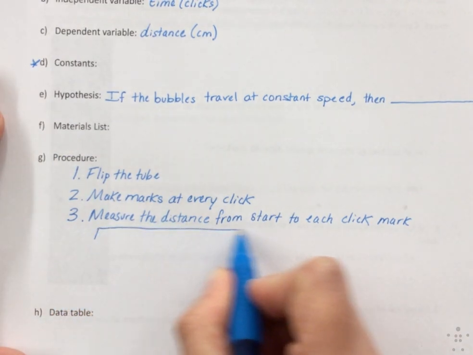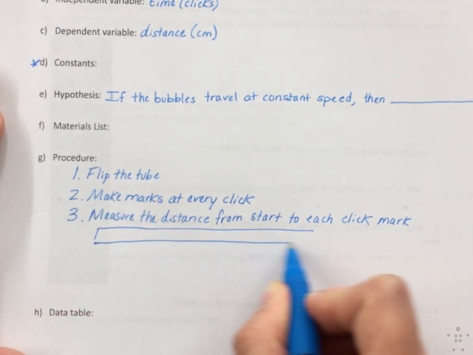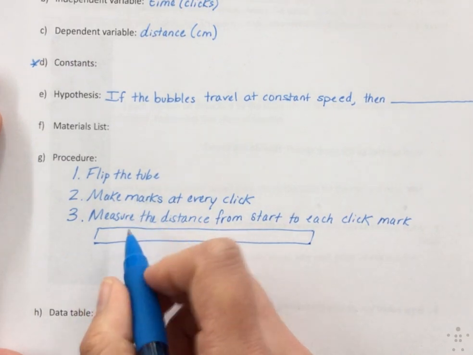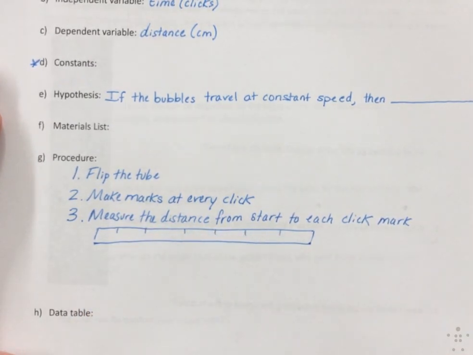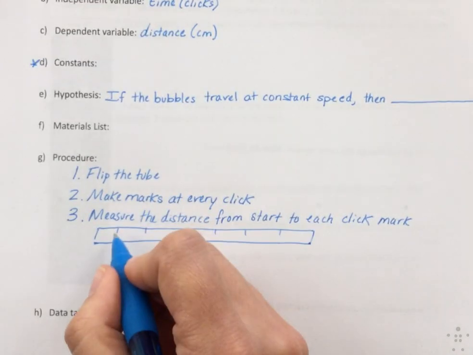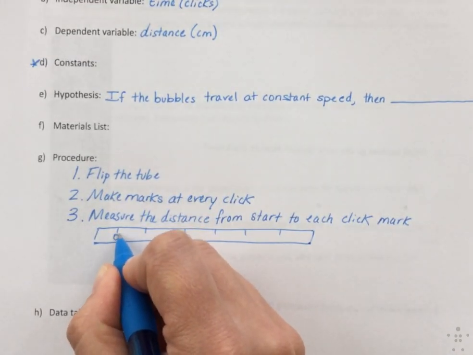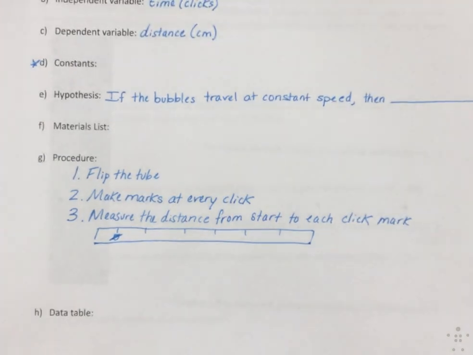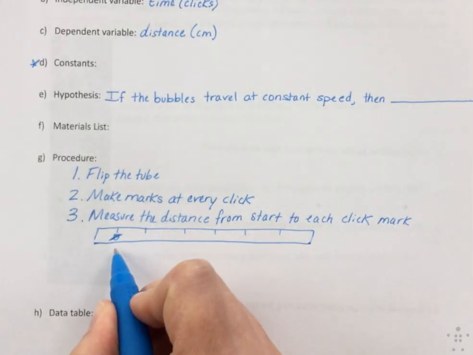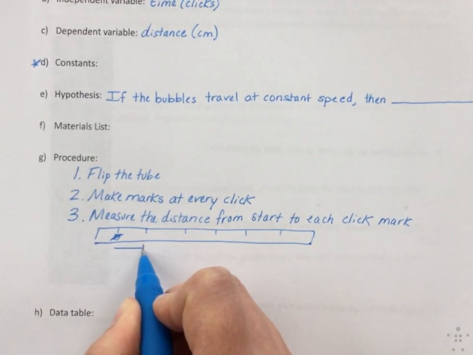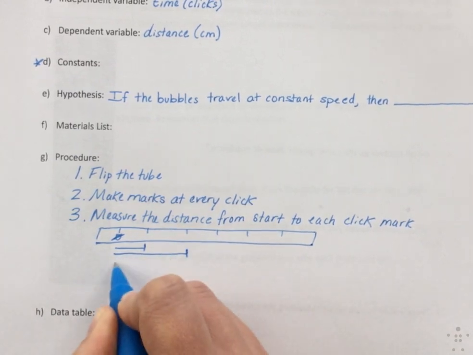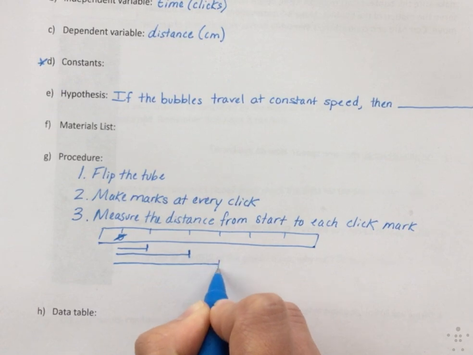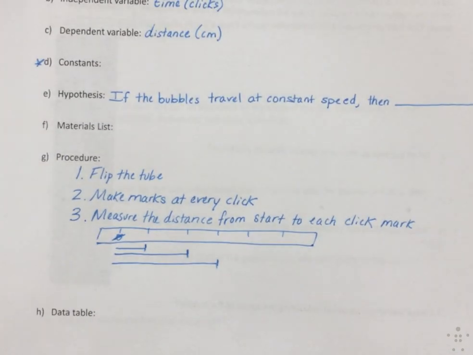So we'll say that your tape winds up looking like this, okay? So this is going to turn into your 0 mark, your starting point. So you're going to measure from here to here to get your first measurement. You're going to measure from here to here to get your second. From here to here to get your third. So every single time you measure, you're going to measure from the starting point.